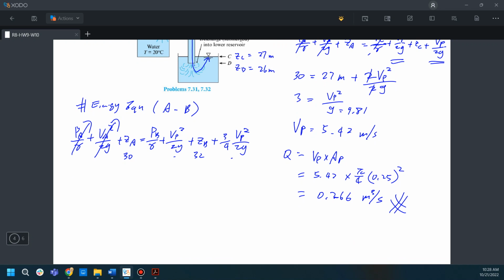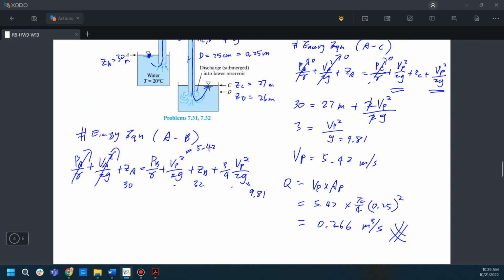You know VP is equal to 5.42, and g is equal to 9.81. So PB, the pressure at point B, is the only variable you don't know.